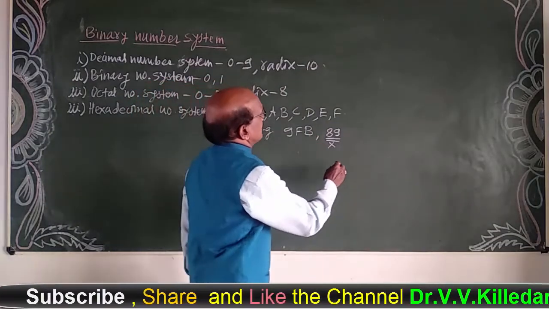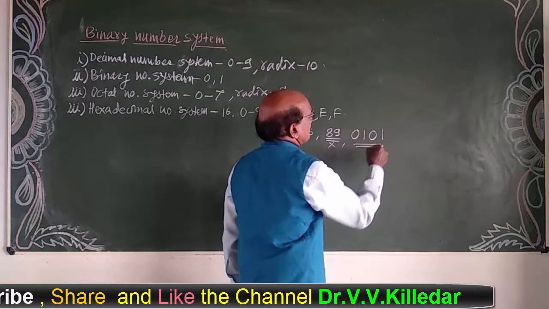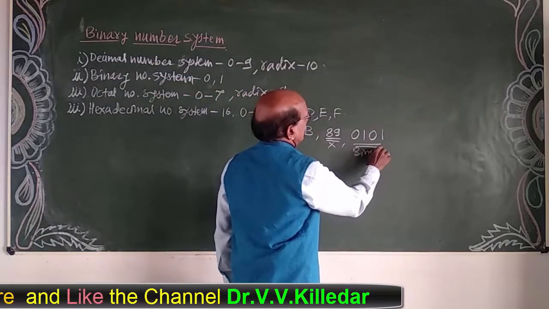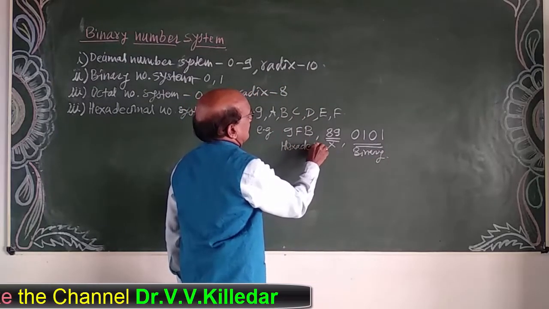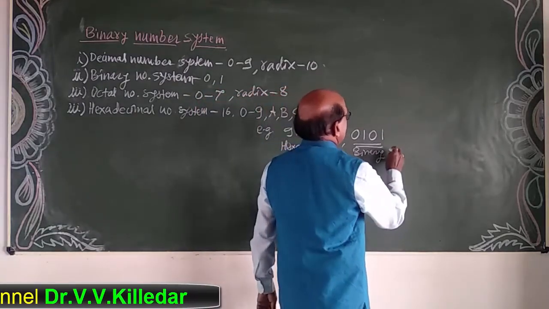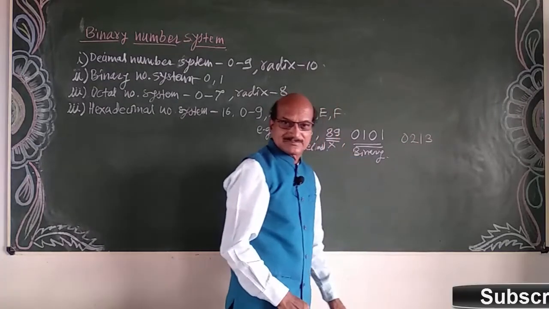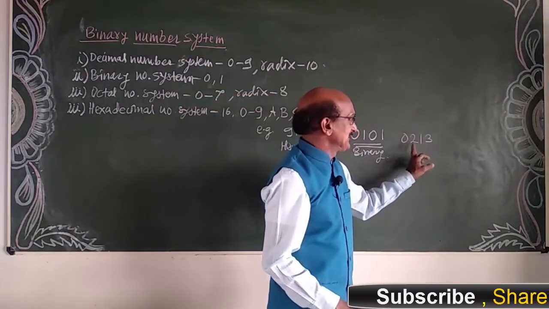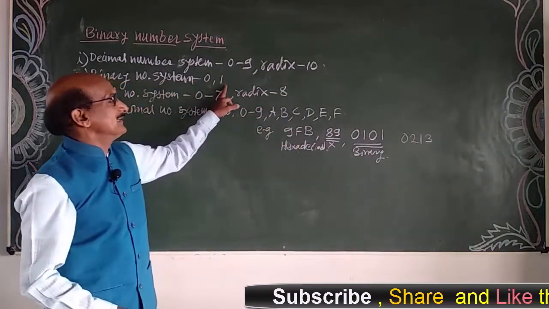Similarly, if you consider an example like 0101, this is a valid binary number. But if you write a number like 0213, this is not a valid binary number, because 2 and 3 are not the symbols used in binary language.